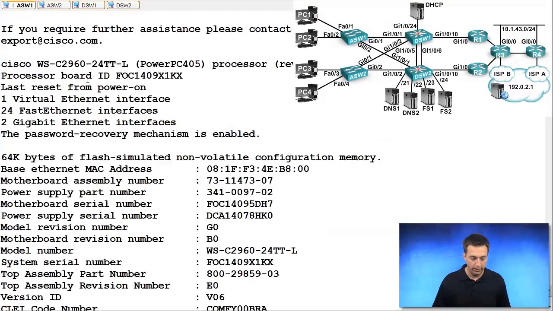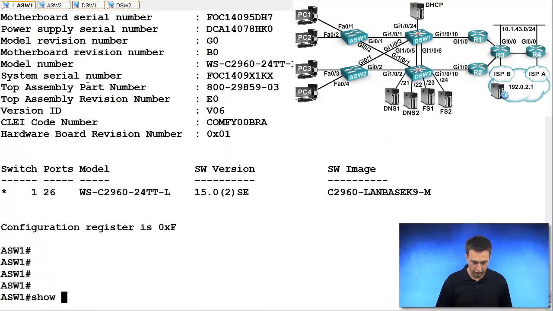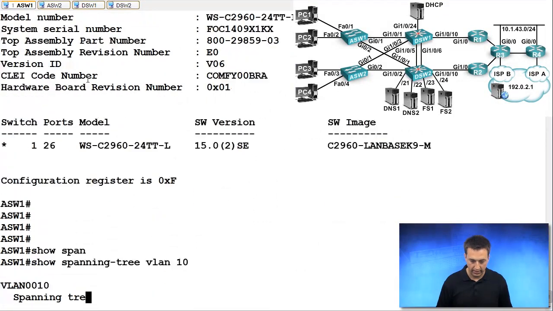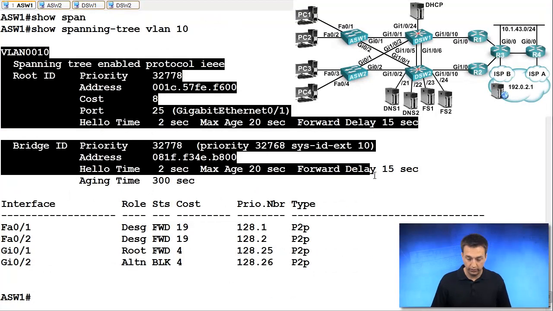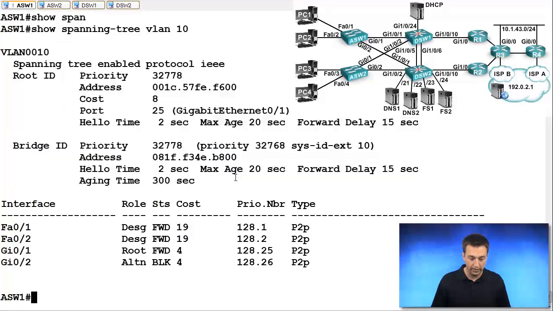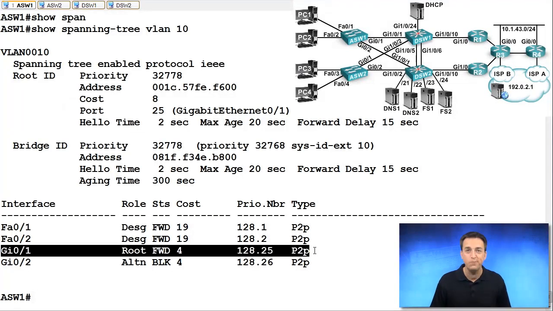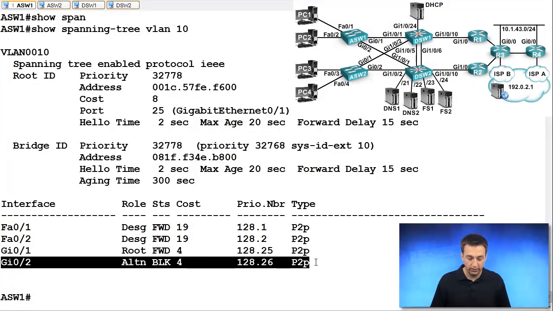On ASW1, we'll use the command show spanning tree for VLAN 10, and the output indicates that we are definitely not the root bridge, and we already identified that before. But look at that, gigabit 0/1 is the root port. We were correct there, and gigabit 0/2 is an alternate port in the blocking state, and the cost is 4 as well.